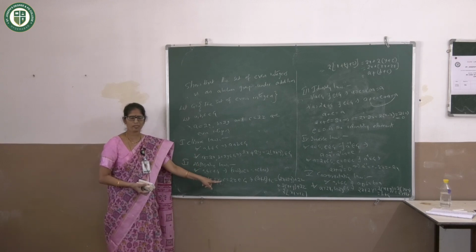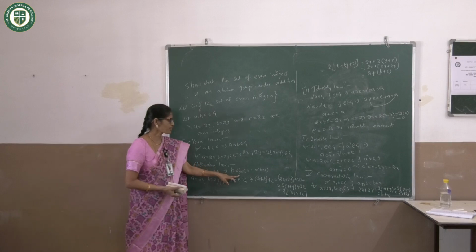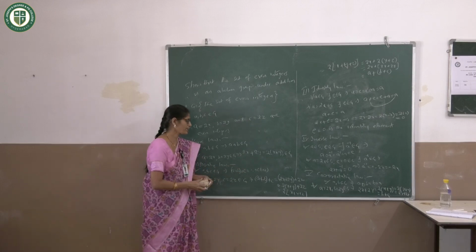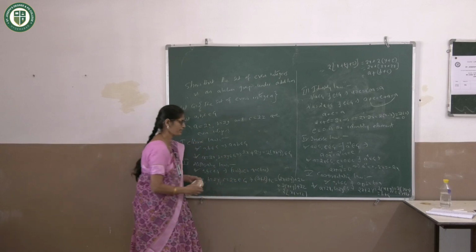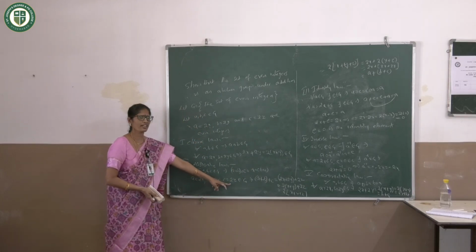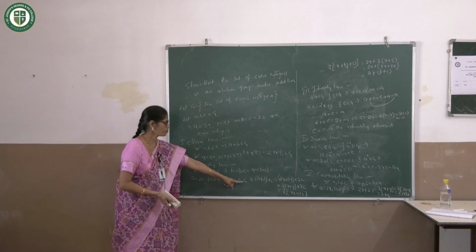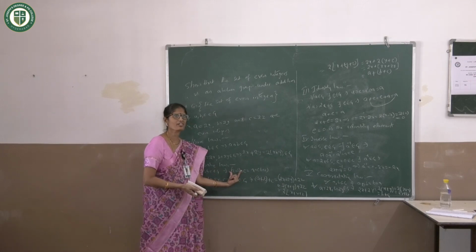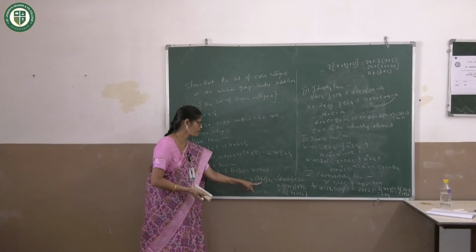For all a, b, c belongs to G, we should get (a circle b) circle c equal to a circle (b circle c). Here we took a equal to 2x, b equal to 2y, and assume c equal to 2z, belongs to G. Taking the LHS, that is (a circle b) circle c, means a plus b plus c.